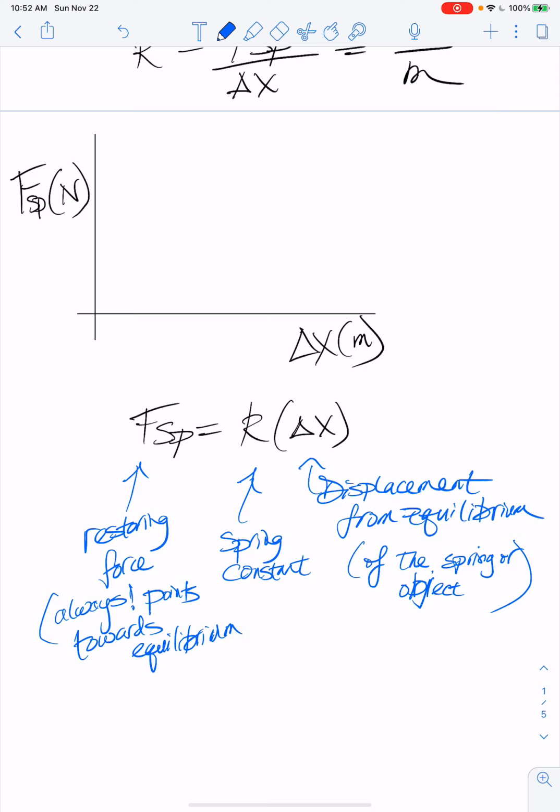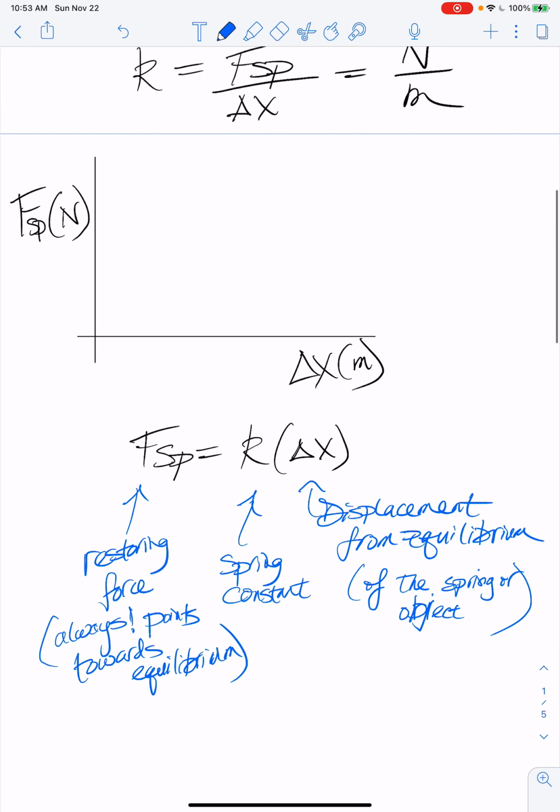Equilibrium's hard to spell. And K is always positive.